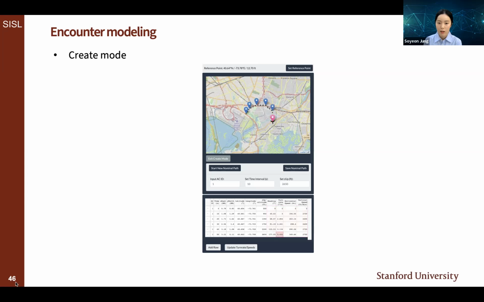For example, this new waypoint results in a turn rate greater than 5 degrees per second. This is not desirable, as the standard turn rate is defined as 3 degrees per second. So we change the coordinates to have the desirable value for the turn rate.